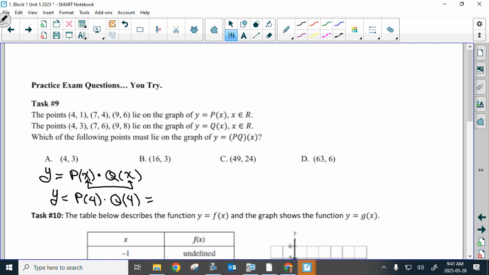P of 4 was 1, Q of 4 was 3, and we end up with 3. Did you guys see that 4 and 3 would be on the resulting function? So A is your answer.